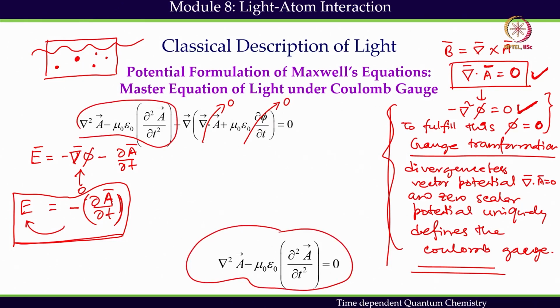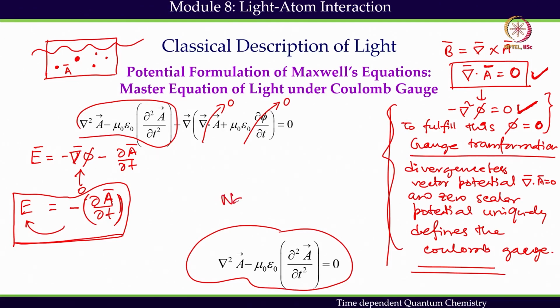So what we have here now, in the medium, due to propagation of the light, is two potentials, vector potential and scalar potential. Scalar potential is 0, so it doesn't contribute anything. There is a vector potential which will show up in the medium due to propagation of the light. How does this vector potential look like? It should follow this.